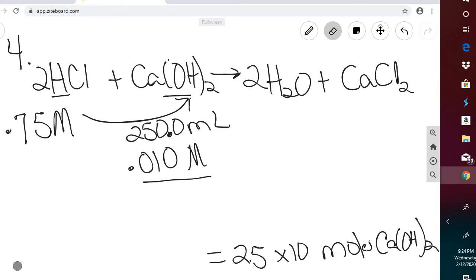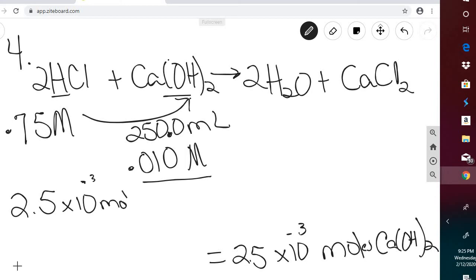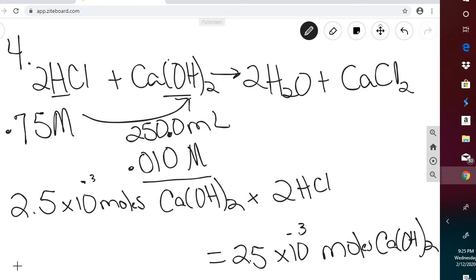So 2.5 times 10 to the negative 3 moles of calcium hydroxide, and there are 2 HCl's for every 1 calcium hydroxide.